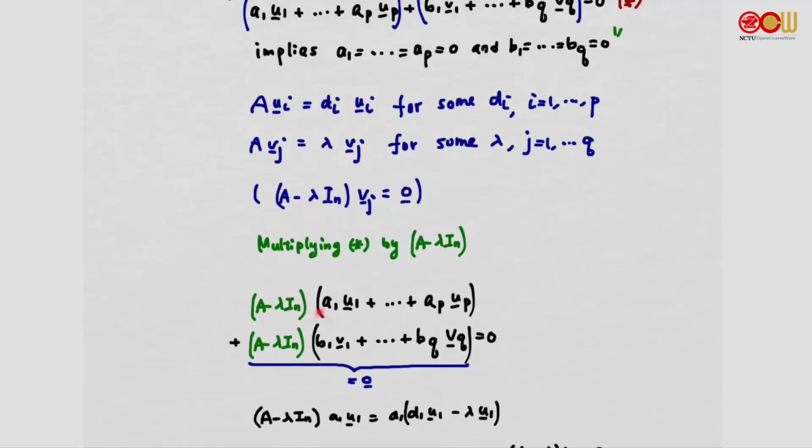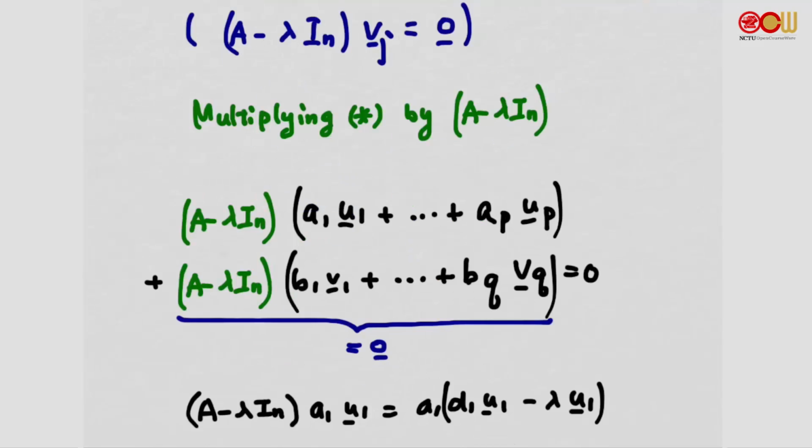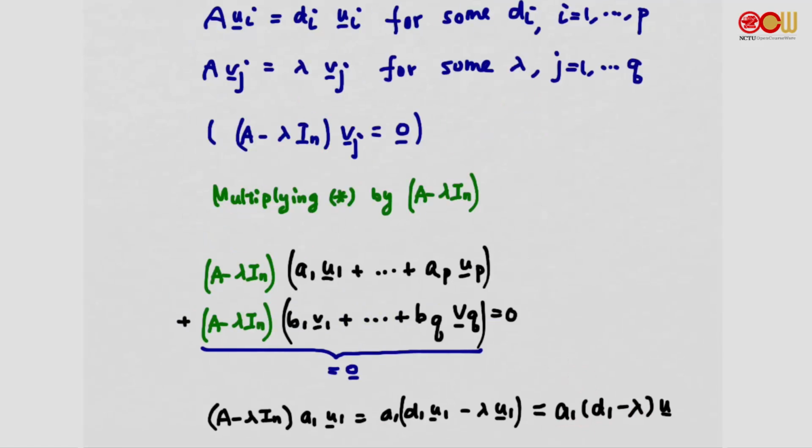For the first term, we get this matrix and then a1 u1. And what is this? The matrix-vector product A u1 gives d1 u1, and for this term, lambda identity u1, we get lambda u1. And we can pull out the u vector.